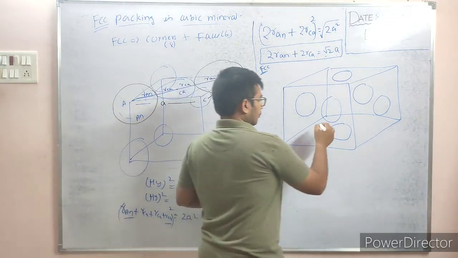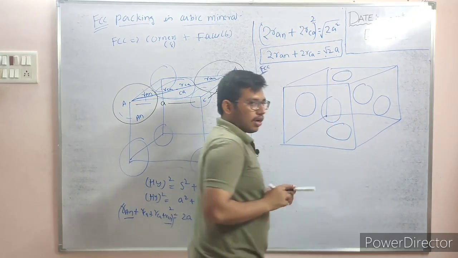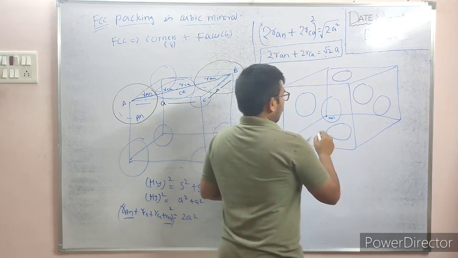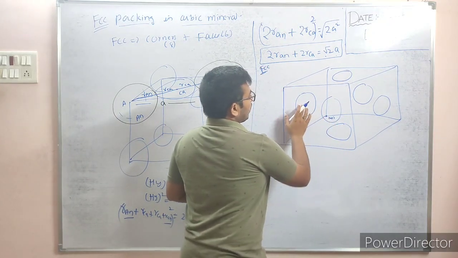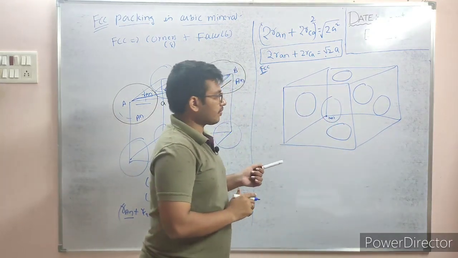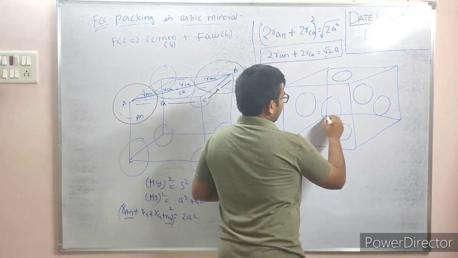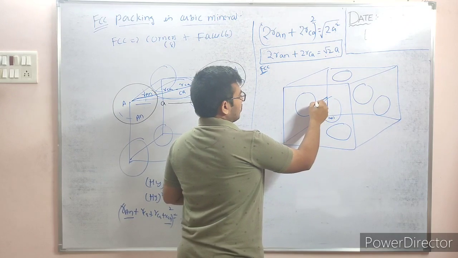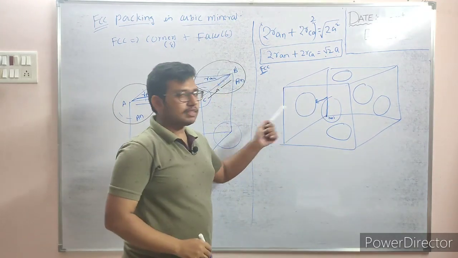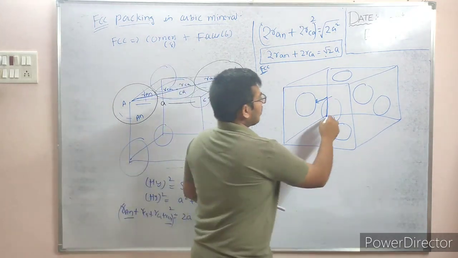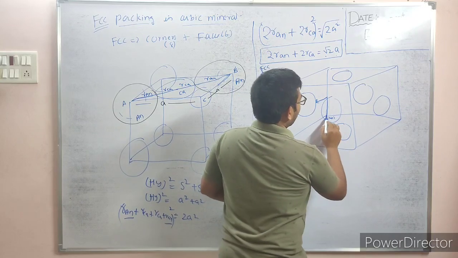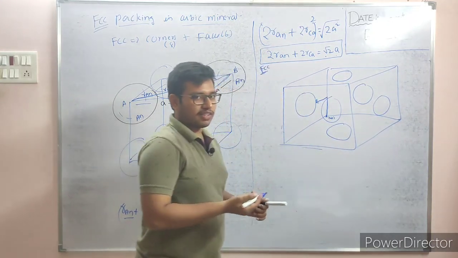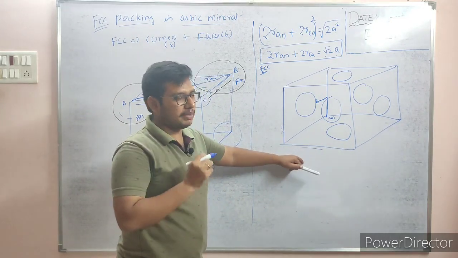Suppose if this is the origin, right? This is the origin. Now from the origin, the simplest way to get here, how do we get it? If it is this atom, travel along this distance and travel along this distance, you will get there, that is the simplest way. Or it could travel another way, like this, and then come there. It is the longest way. So we have to find the simplest way.